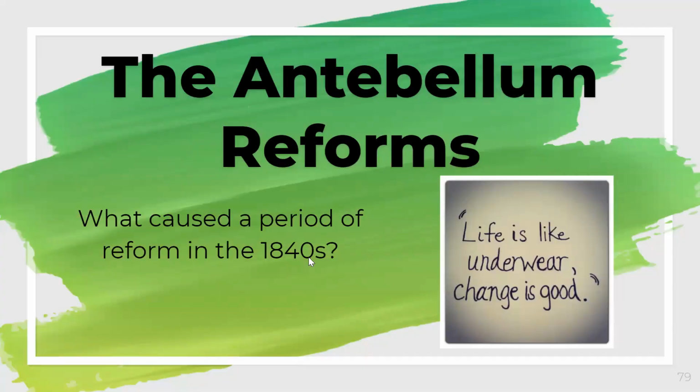Now, the last thing that's part of this unit is this wave of antebellum reforms in the 1840s. Now, I stressed this in class, but the College Board will not necessarily require you to memorize every reformer and everything they did. We want to give you a wide range of people and things to know.